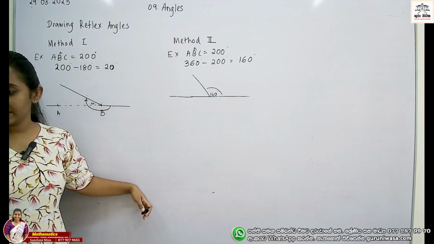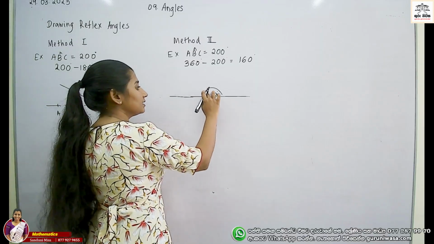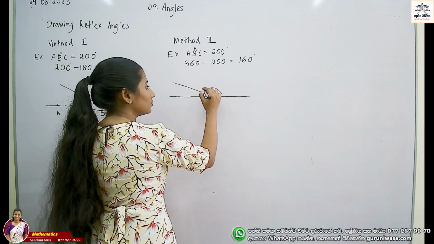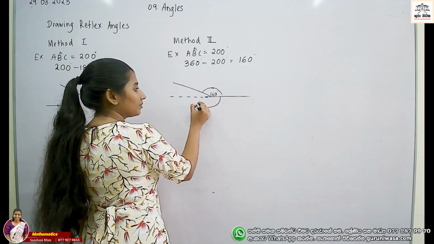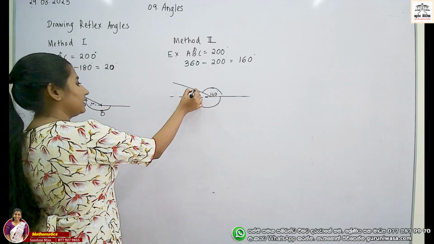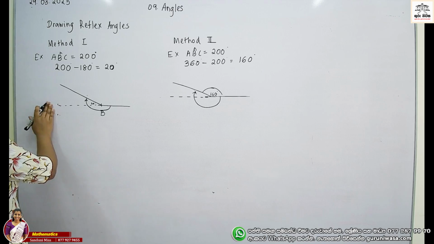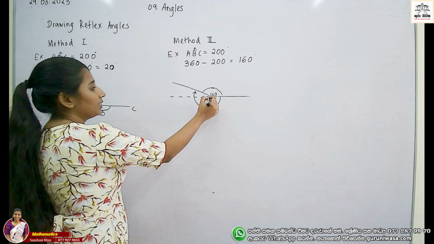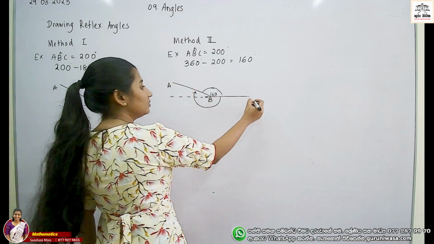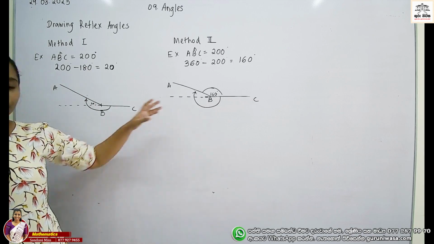But the reflex angle is what? This one is the reflex angle. So here it will be B. We are keeping it on B, no? ABC. Right, so note it down. You have to draw using the protractor.